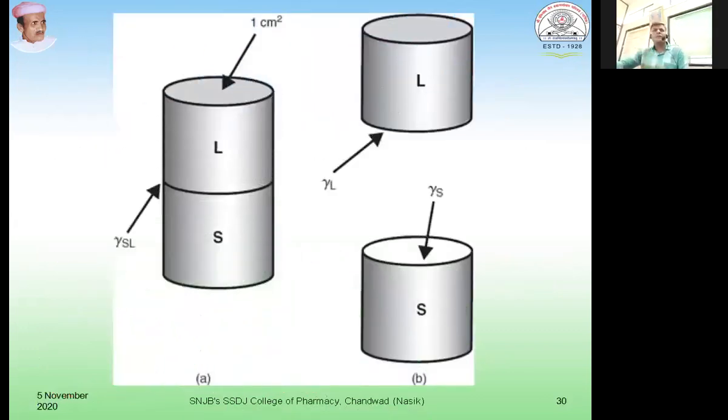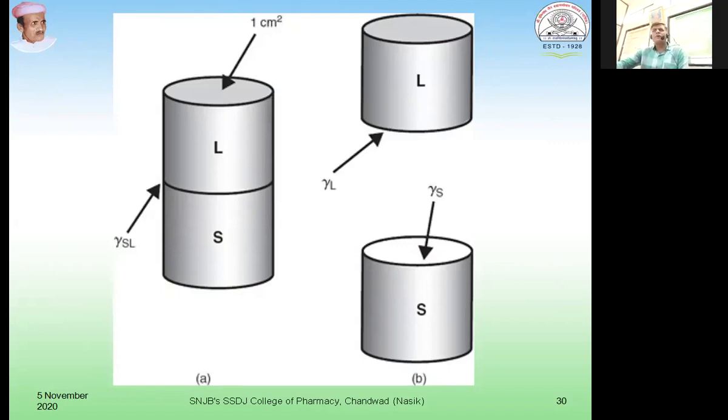See, these are two hypothetical cylinders. The surface area of the cylinder is 1 centimeter square. When spreading liquid and sublayer liquid are in contact with each other, they have interfacial tension represented by, say, YSL. Now we are breaking down the interfacial tension and separating spreading and sublayer liquid.